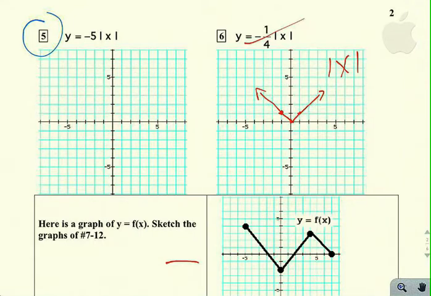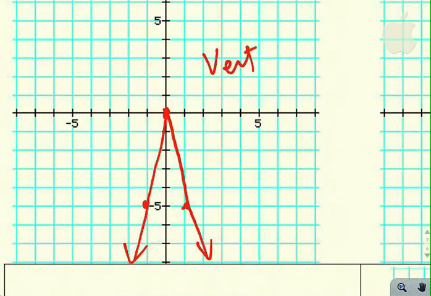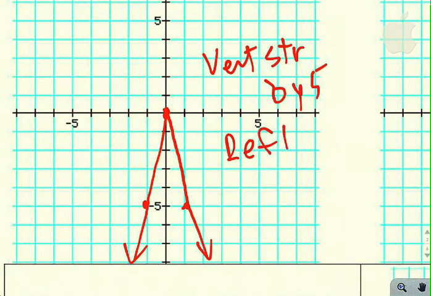So instead of (1, 1), we'd have (1, -5). Instead of (-1, 1), we'd have (-1, -5). (0, 0) would still be unchanged. So here we have a vertical stretch by 5 and reflected over the x-axis.